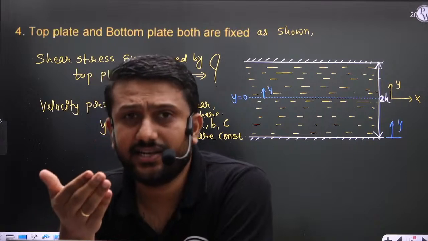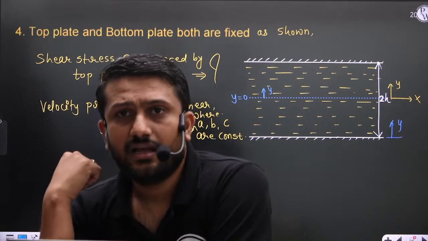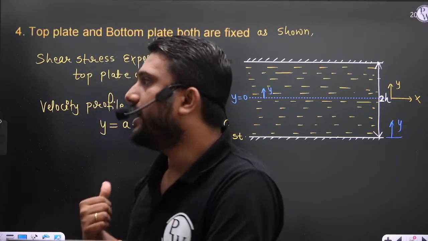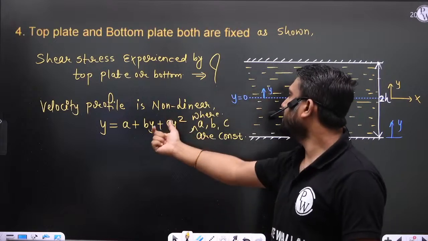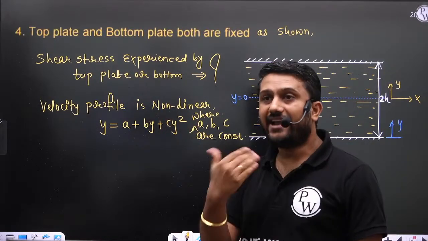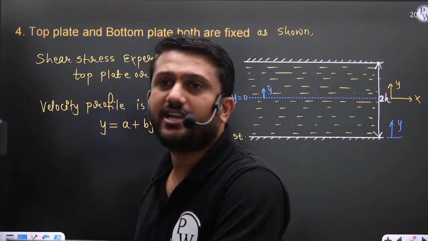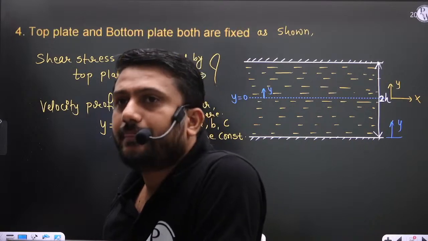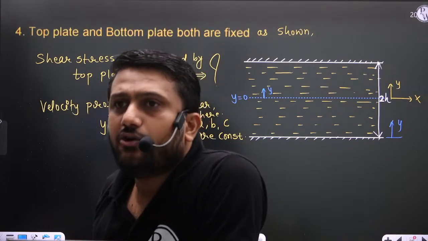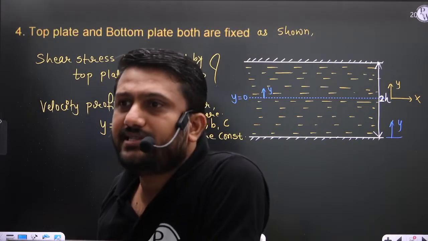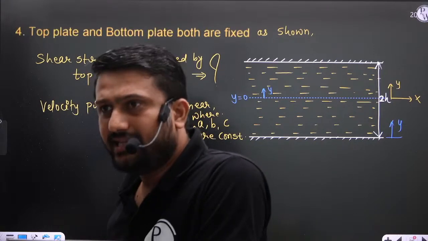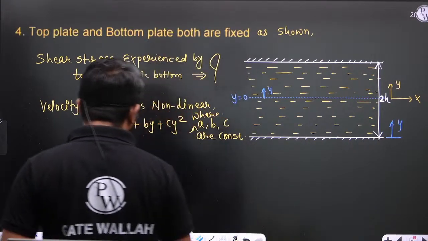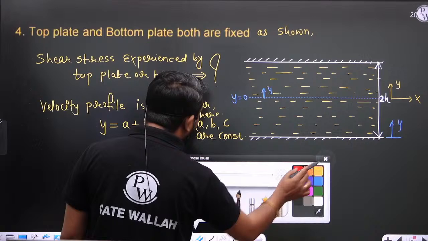In a similar fashion, in this particular velocity profile there are three constants a, b, c. Can we find out these three constants? Yes, for this we need boundary conditions.